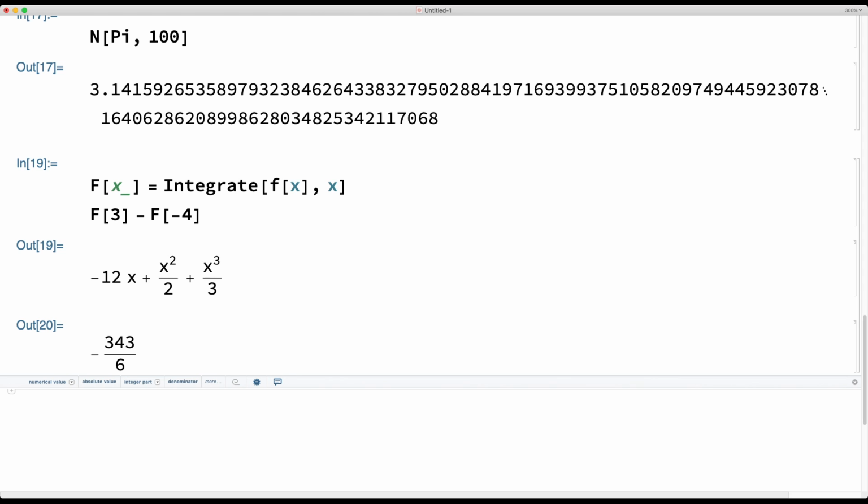But in particular, if you did this with your TI, what kind of graphing calculators do you guys have? TI-84s? Okay.